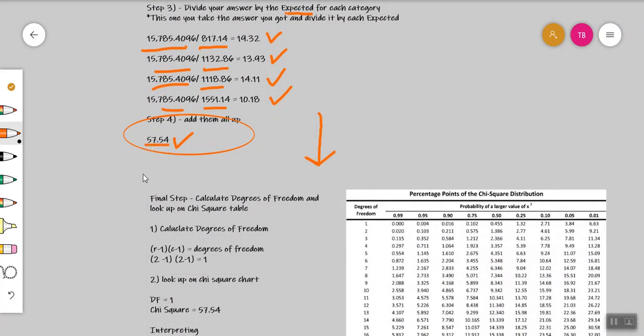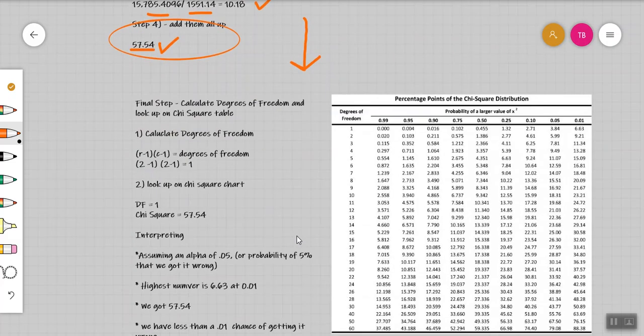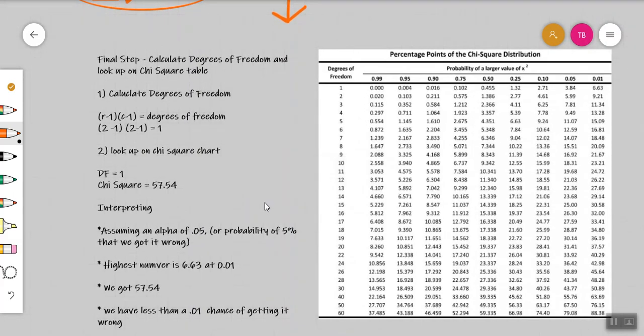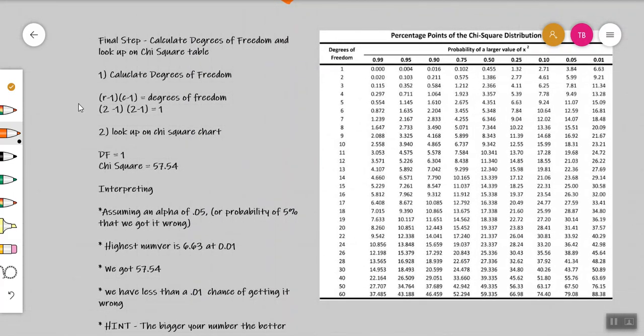And this is then the final step where you're going to look this up on the chi-square table. Here's a picture of the chi-square table. I'll link one in our notes. Step 1, calculate the degrees of freedom, which is over here. And this is a really simple one. It's R minus 1 times C minus 1.